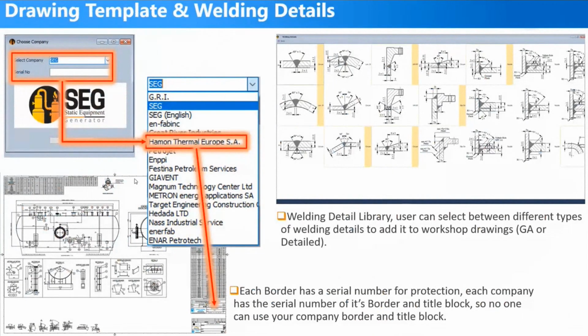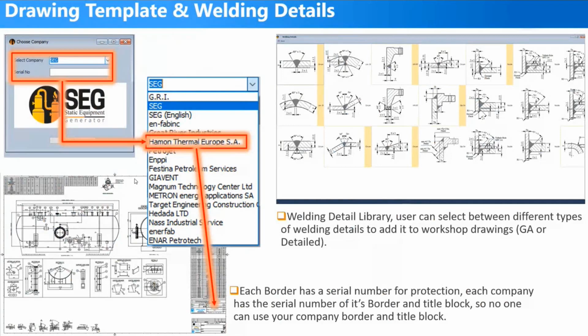For the drawing template and welding details, you can include your standard drawing template in SEG software to use it as a reference drawing in IDW extension. So anytime you generate a drawing, automatically SEG will use your reference template. You can add a welding detail from SEG welding detail library. It's a huge library for welding details.